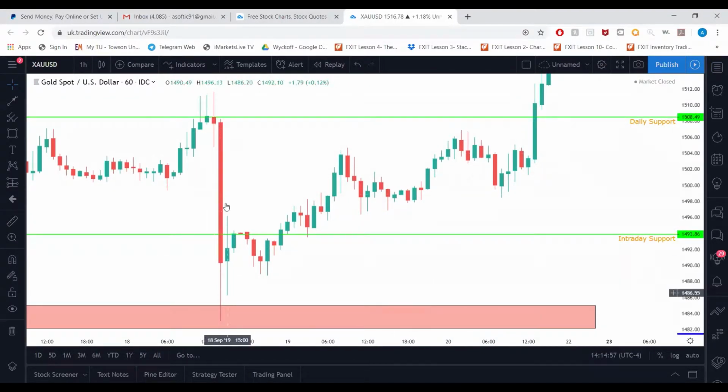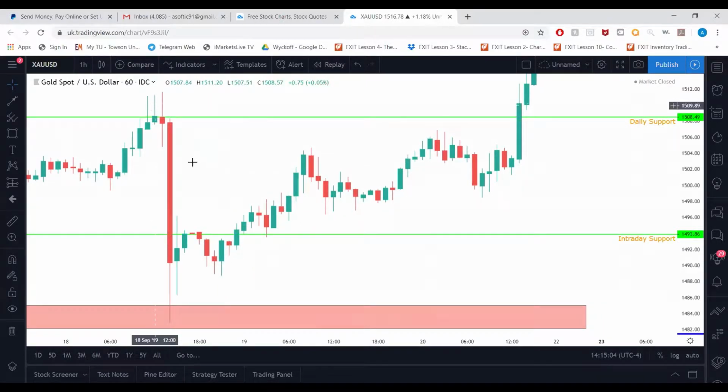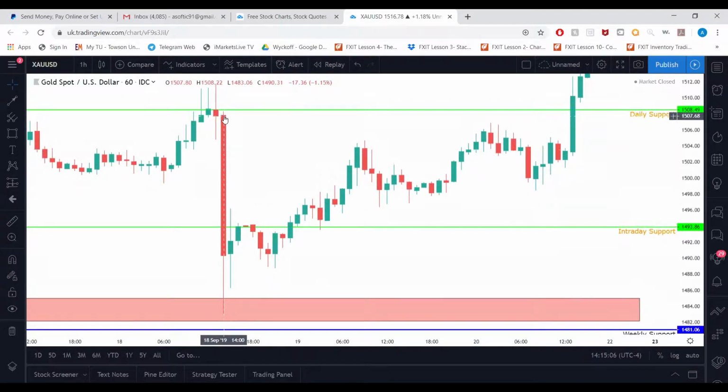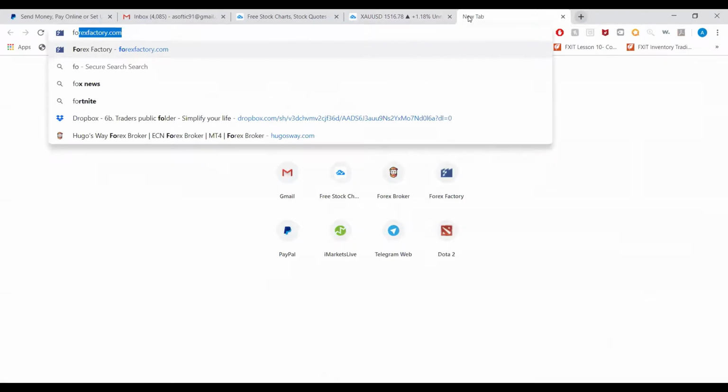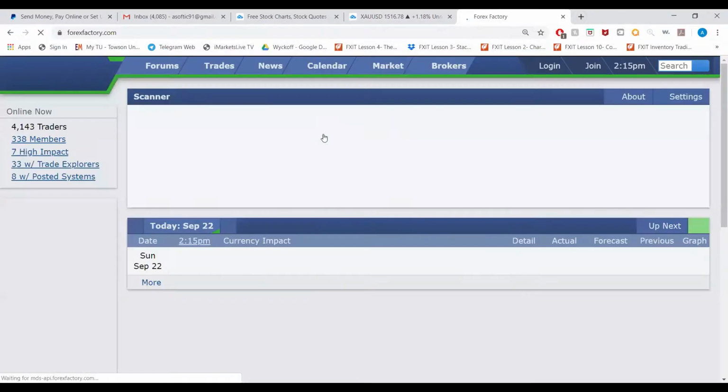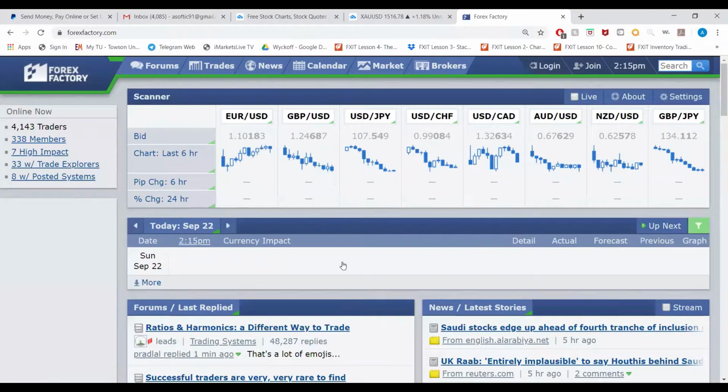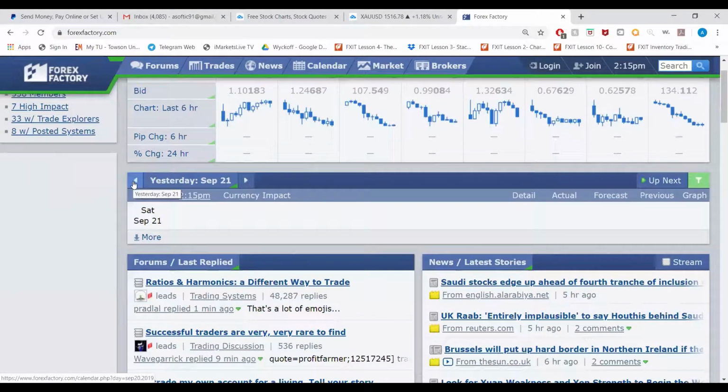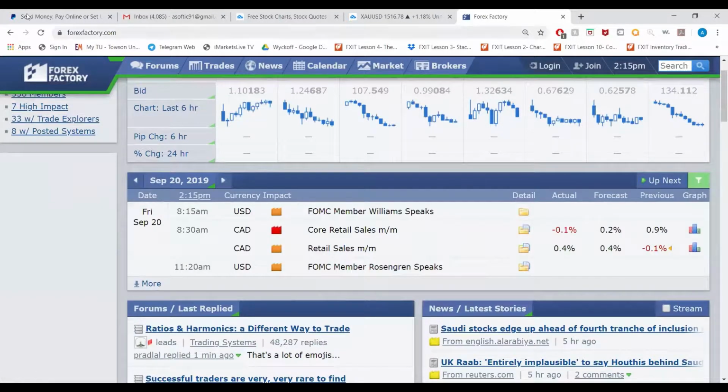Even though this was a strong bearish candle, you can see that this candle was obviously caused by news. Pretty sure. Let's see, 18 September, 2 p.m. Let's double check. Maybe it was something related to FOMC. Let's go back. By the way, for the economic events and the news, I use forexfactory.com.